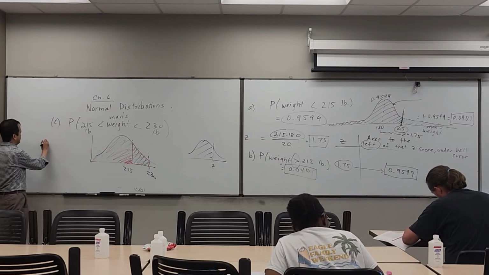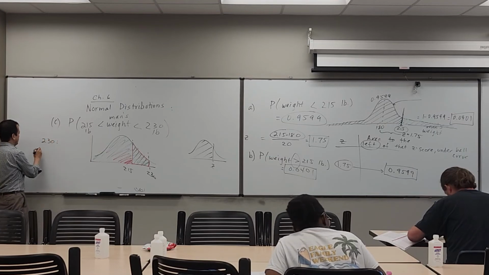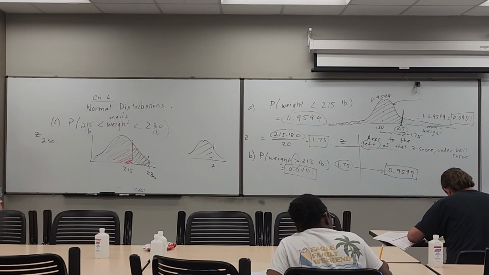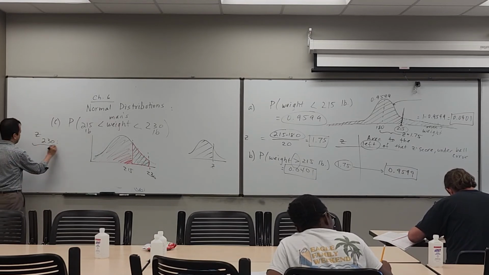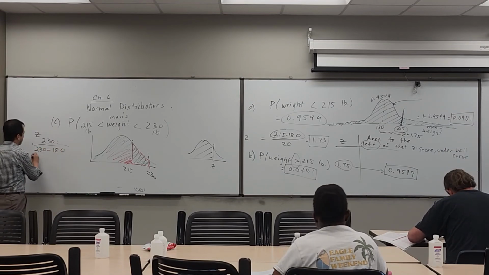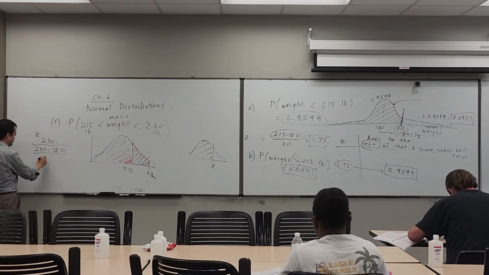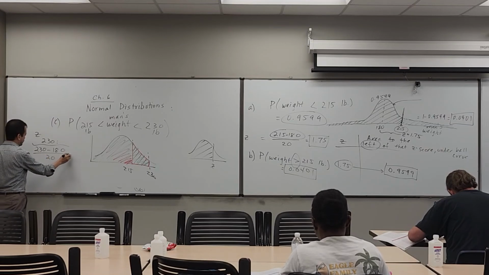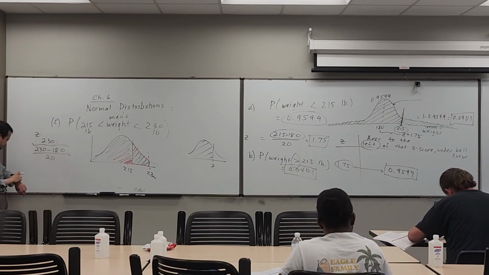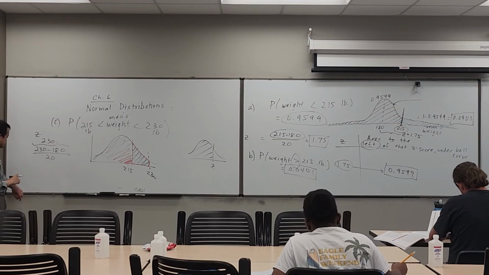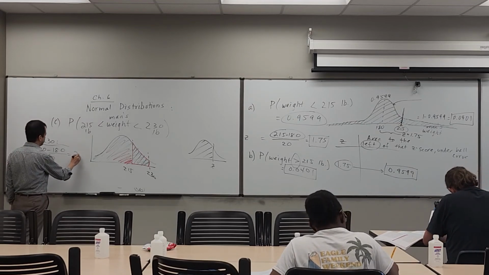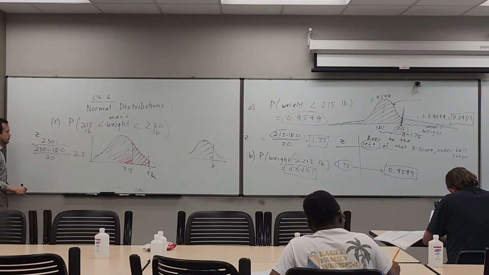So 230, let's find the z-score for that. The z-score is the number of standard deviations that 230 is away from the mean. So that'll be 230 minus 180 divided by 20, which is 2.5.